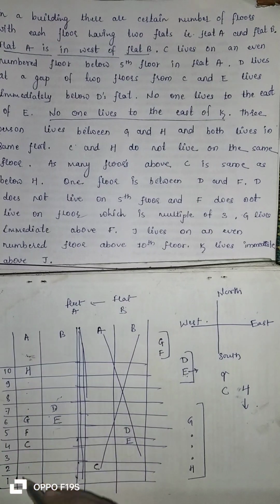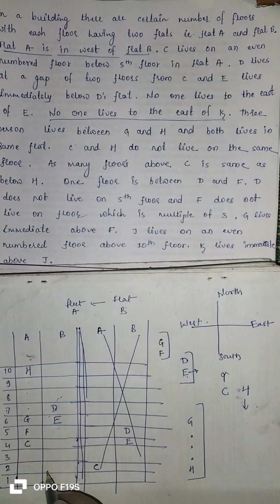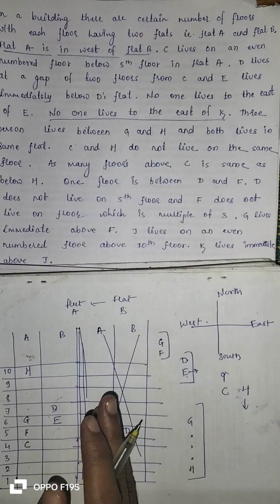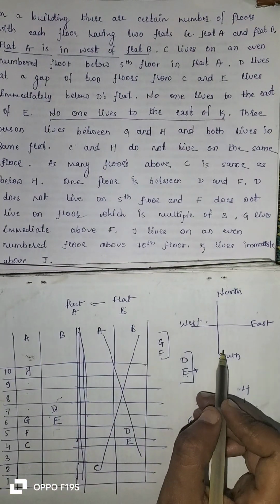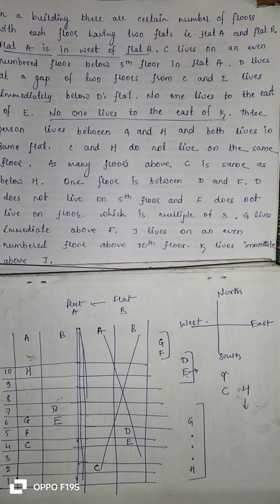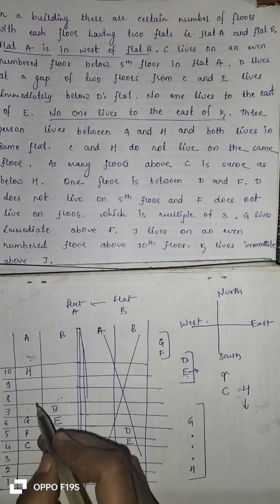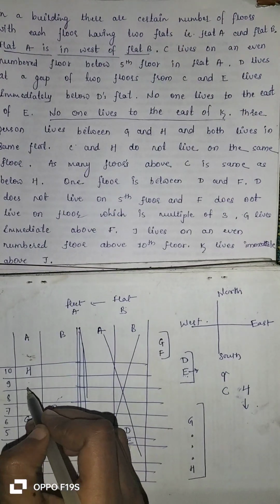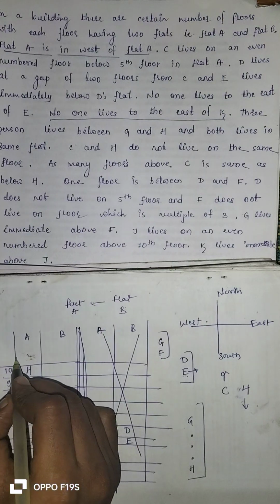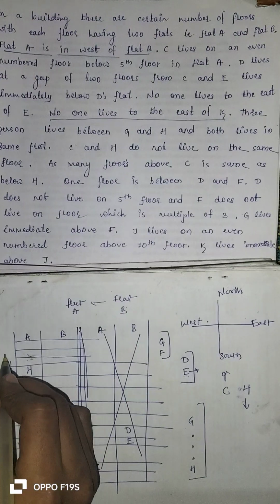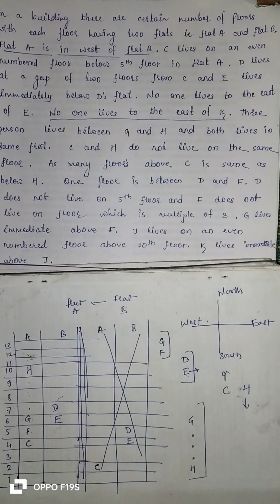That is 9 floors. So there must be 9 floors above C also, because the same number of floors above C should also be below H. For that reason 1, 2, 3, 4, 5, 6, 7, 8 and 9, this is 11, this is the 12th floor, and this is the 13th floor.